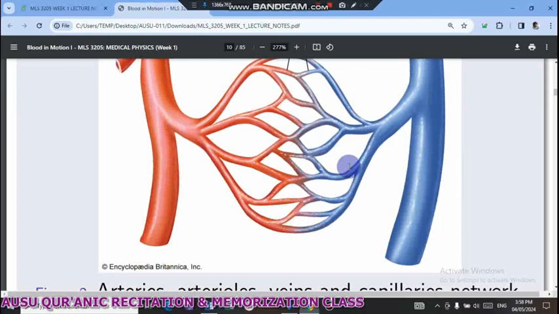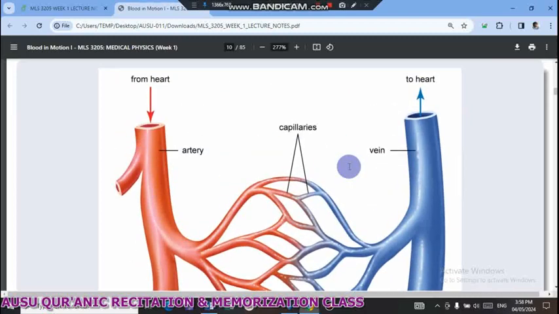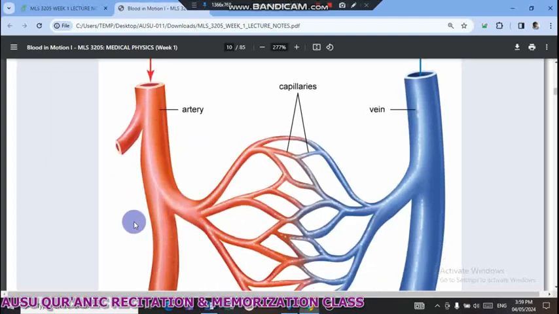Okay, we can see here that this is so very important. We can see here that we have the blood from the heart, and then it passes through the artery, and then the artery has a branch here we call arterial. Arterial means a branch of an artery, and then after that you have the capillaries.